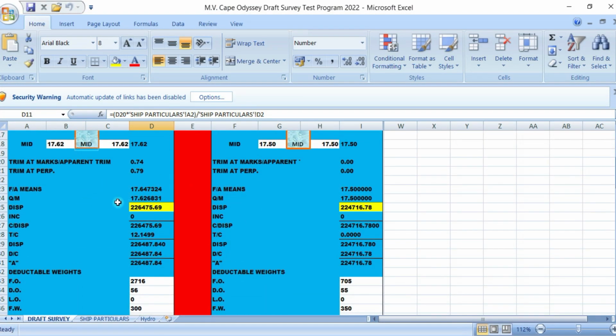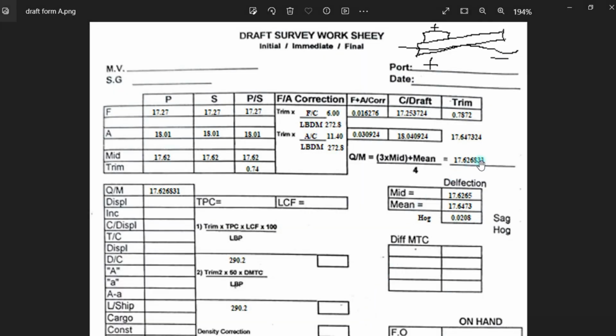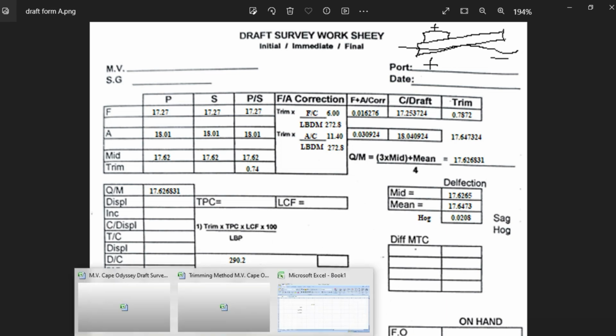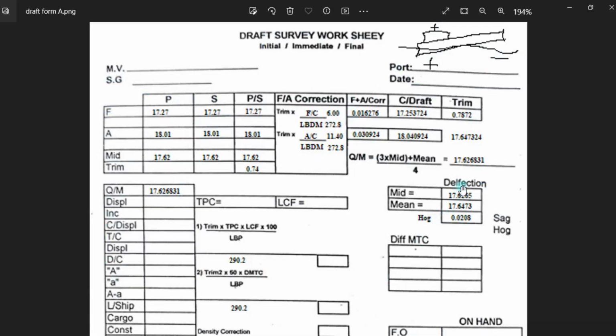And the other drop survey will also be the same. Your quarter mean is 17.62683. Okay, so that's it, guys.